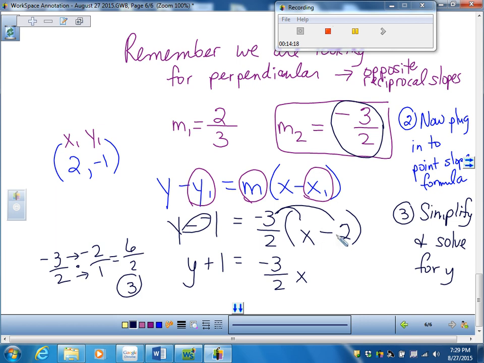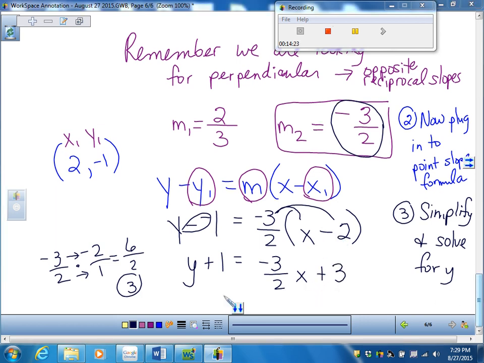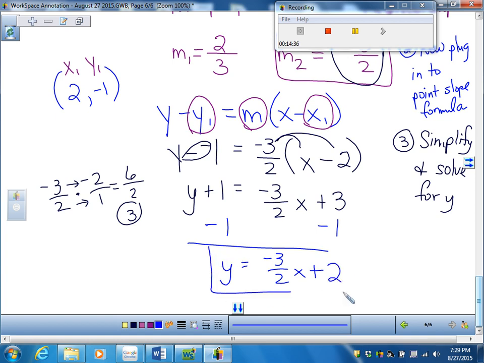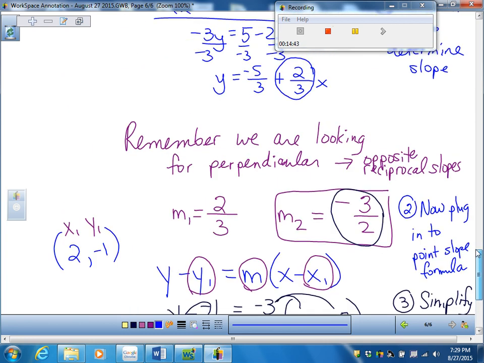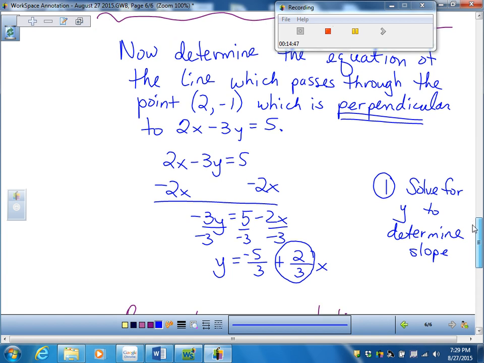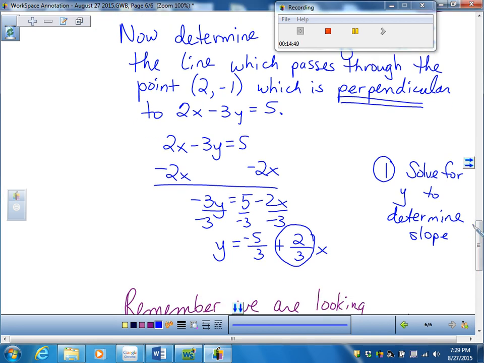So negative 3/2 times negative 2 becomes a positive 3. Last but not least, subtract 1 from both sides, and y is equal to negative 3/2 x plus 2. And that is our final answer. That is the equation of the line that is perpendicular to the line 2x minus 3y equals 5, passing through the point 2, negative 1.